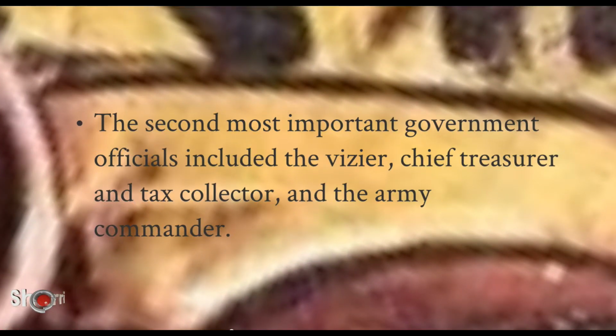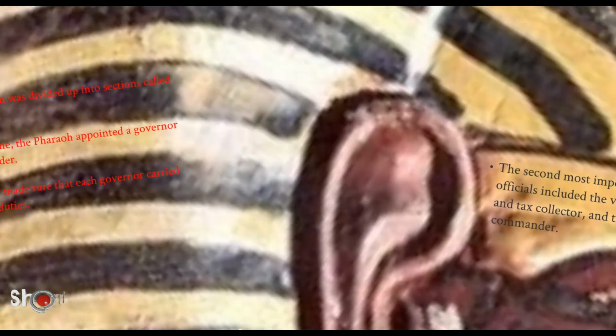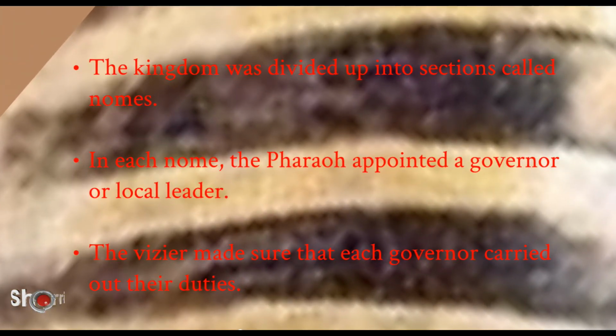The second most important government officials included the vizier, chief treasurer, and tax collector, and the army commander. The kingdom was divided up into sections called nomes. In each nome, the pharaoh appointed a governor or local leader.